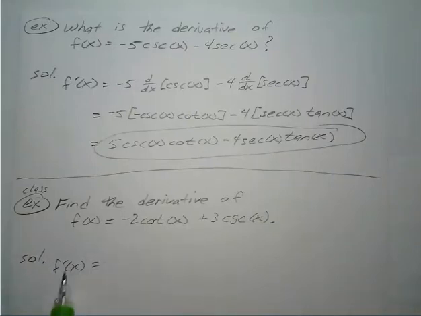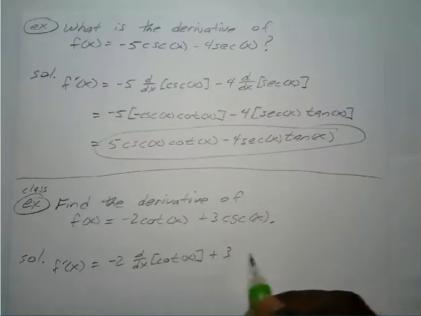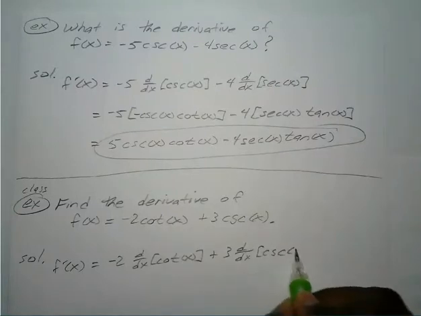Okay, so your derivative is equal to -2 times the derivative of cotangent plus 3 times the derivative of cosecant.